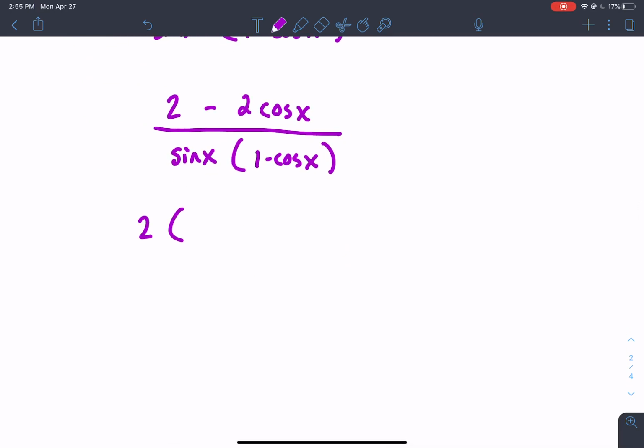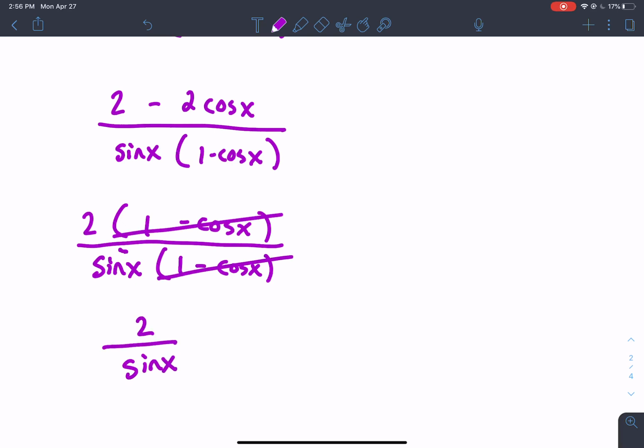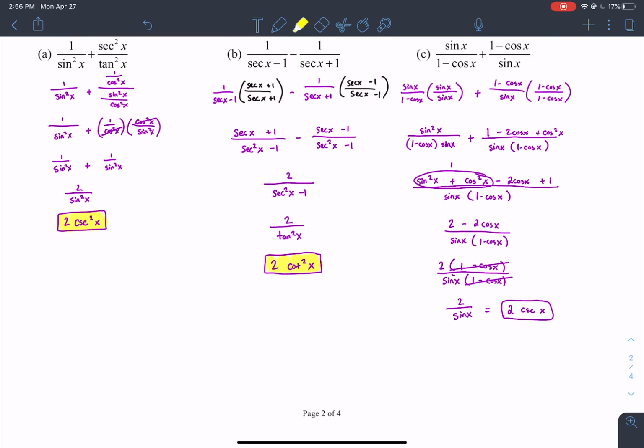So that's 2 times 1 minus cosine divided by sine times 1 minus cosine, and then you can obviously divide that out. So 2 over sine, what's the reciprocal of sine? It is cosecant. And that is your final answer for that one.